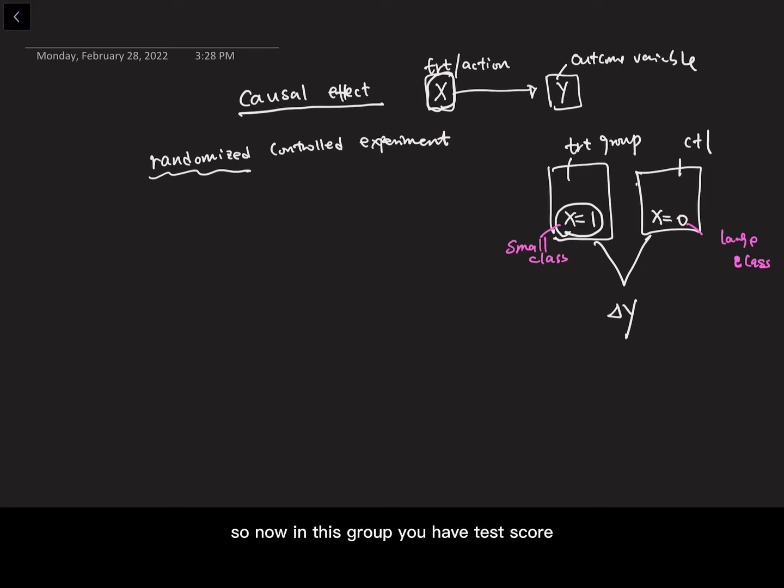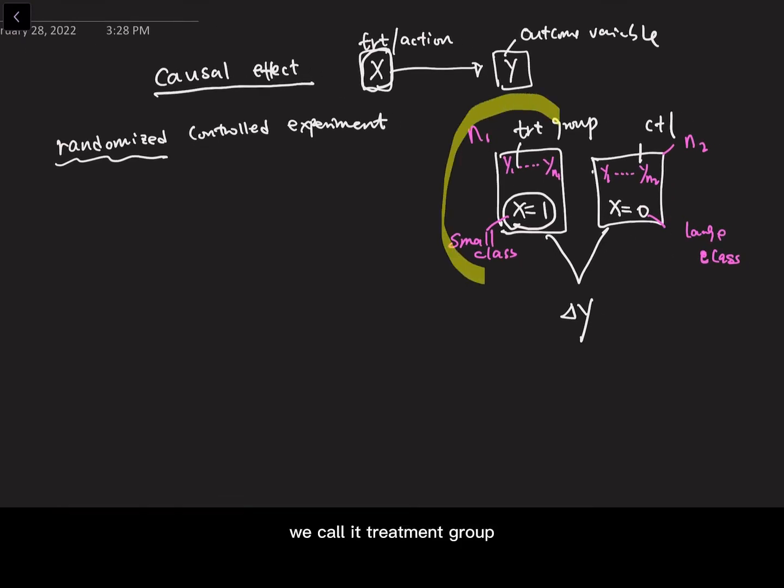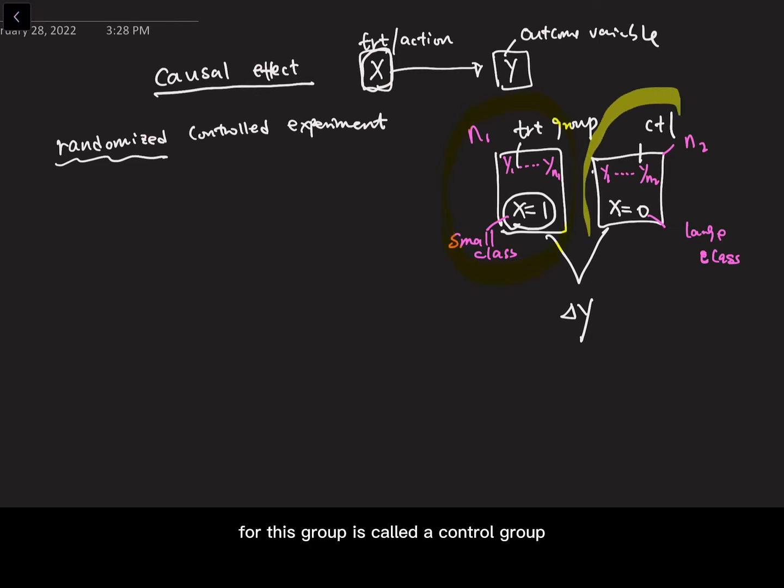In this group you have test scores Y1 all the way to Y sub n1, so there's a number of observations n1. In this group it's Y1 all the way to Y sub n2, so the number of observations is n2. We call this the treatment group because all the students are in the small class, and this is called the control group because all the students are in the large class.